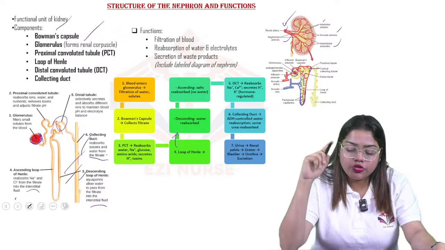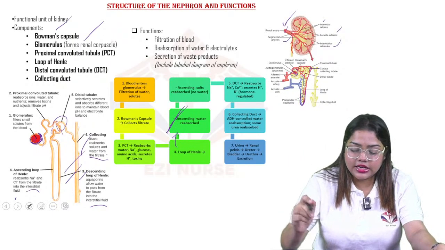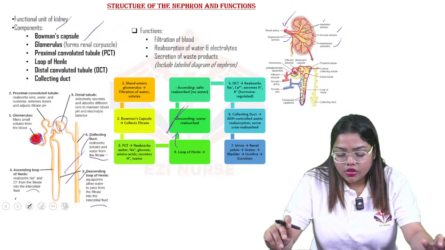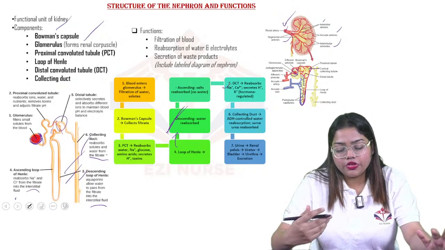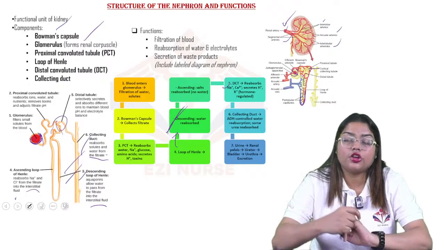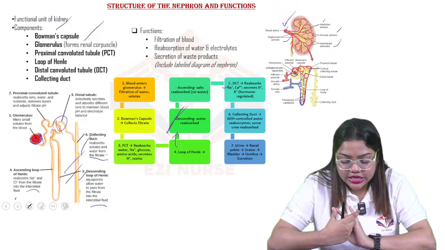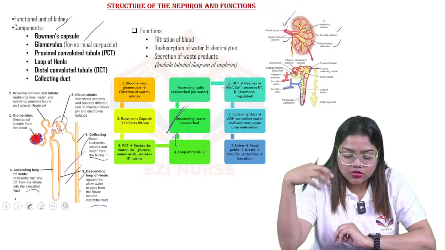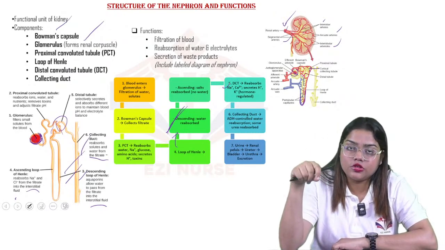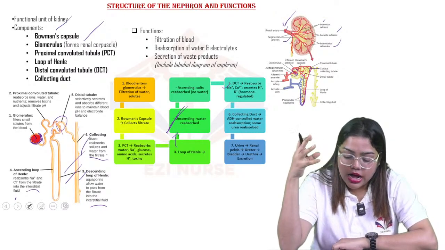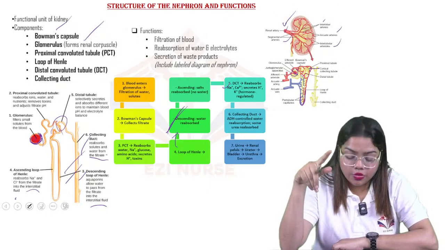Okay, the water will only be absorbed in the descending part. Then after that, the fluid will go to the distal convoluted tubule, where reabsorption of sodium and calcium ions will happen, and then it will also secrete the hydrogen and potassium ions through hormone regulation.